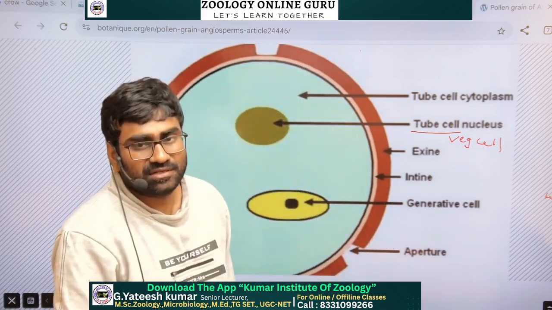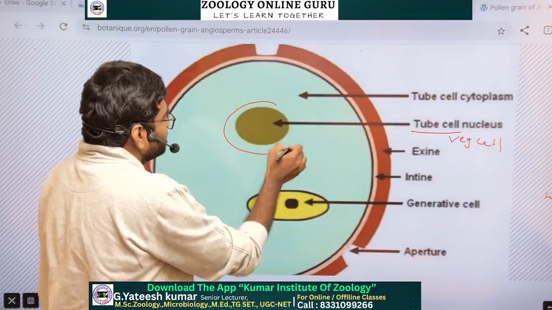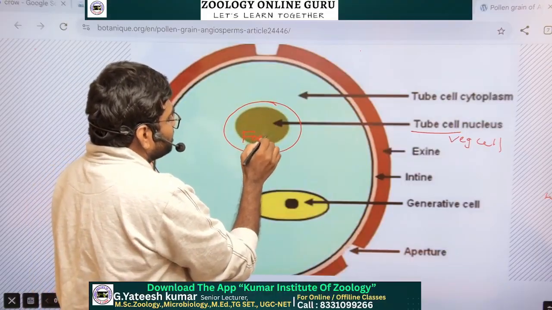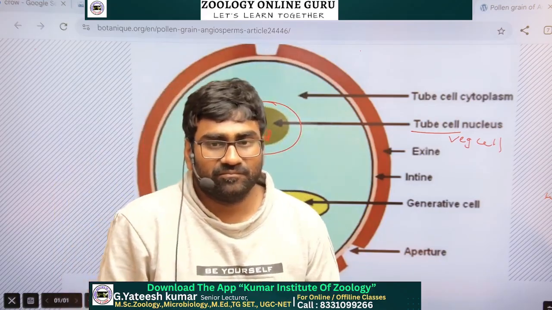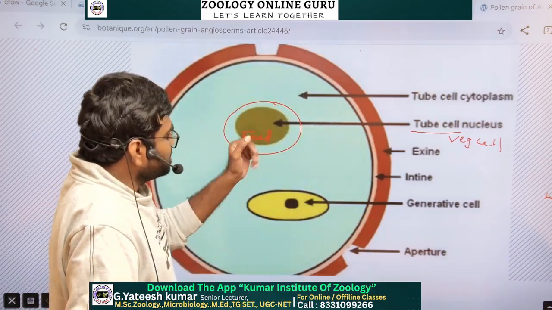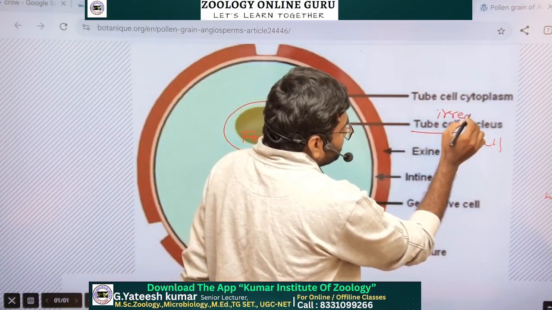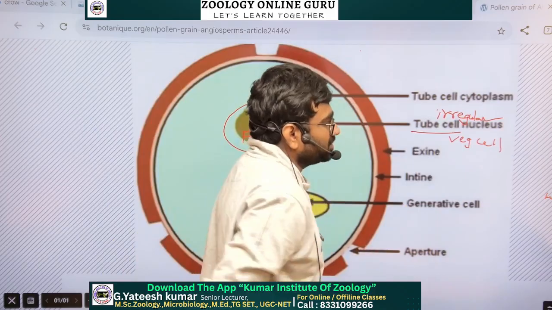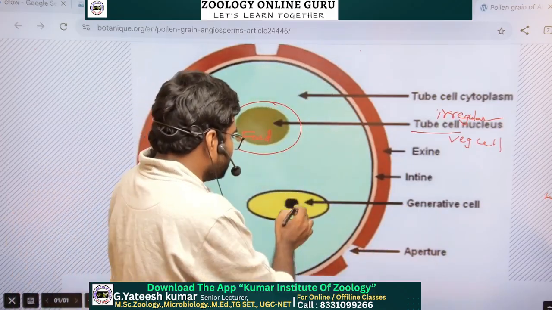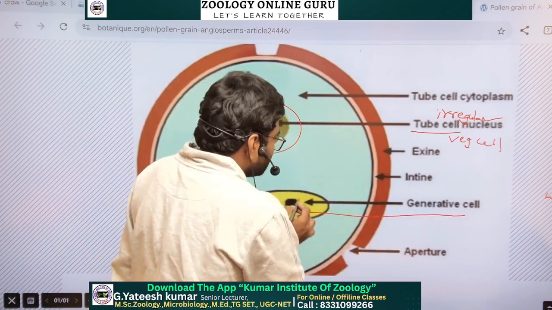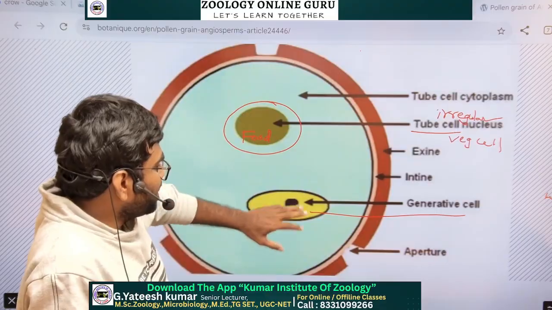This vegetative cell is bigger and has abundant food reserves, and the shape of its nucleus is irregular. The generative cell is smaller in nature, and it floats in the cytoplasm of the vegetative cell.